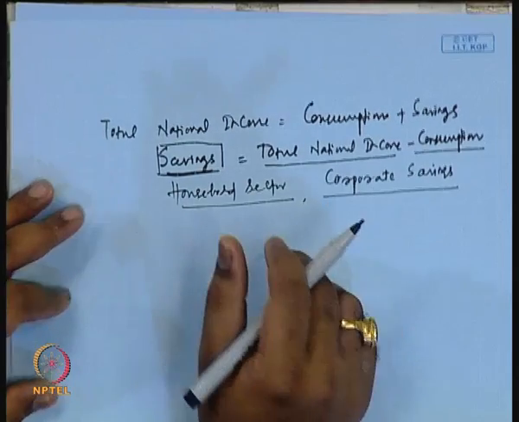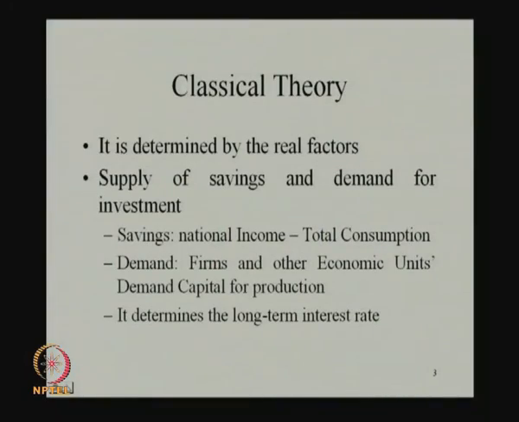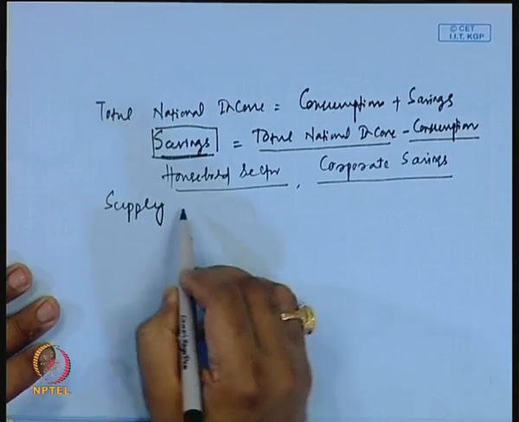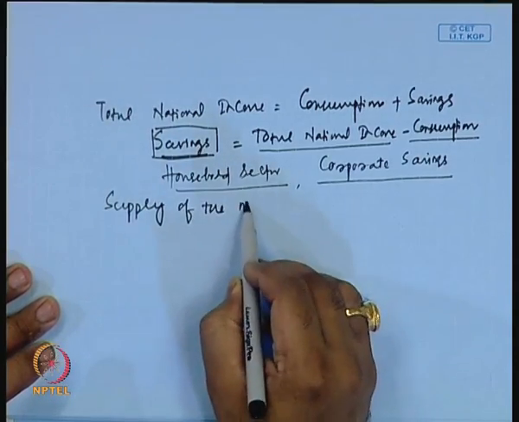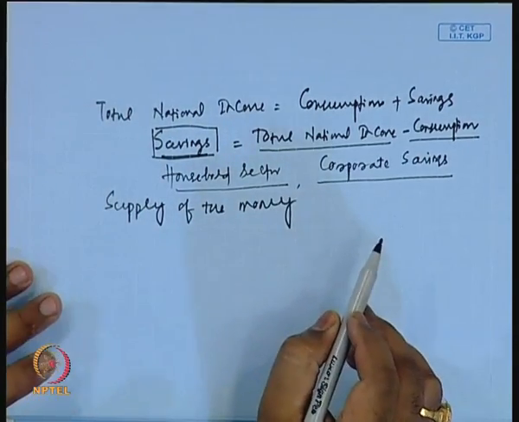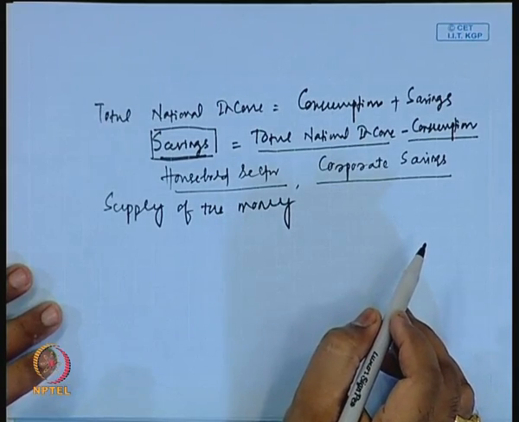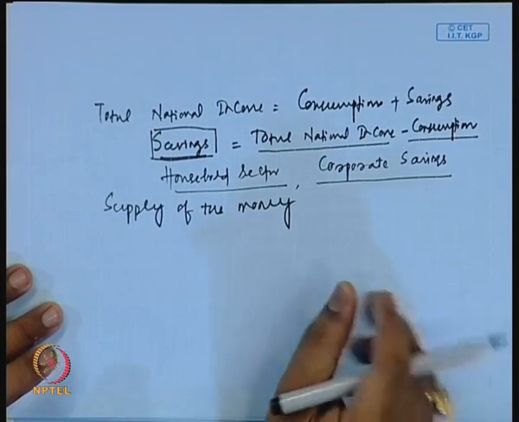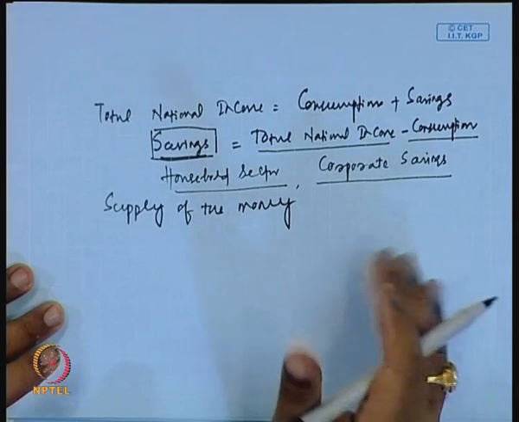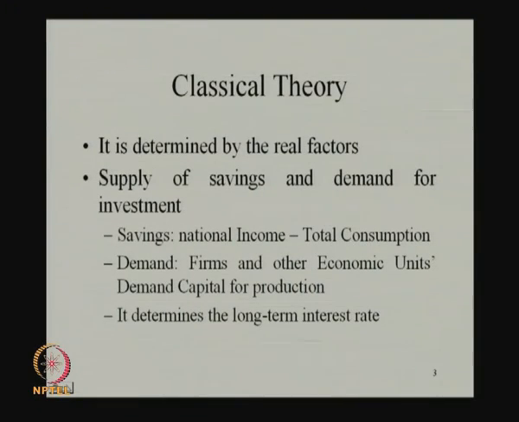Then the next question arises: what is the demand, who basically demands the money? Savings is the supply of money, which we always consider. Then we have the demand side, and which are the factors which affect the demand? That comes from the firms and other economic units demanding capital for production.